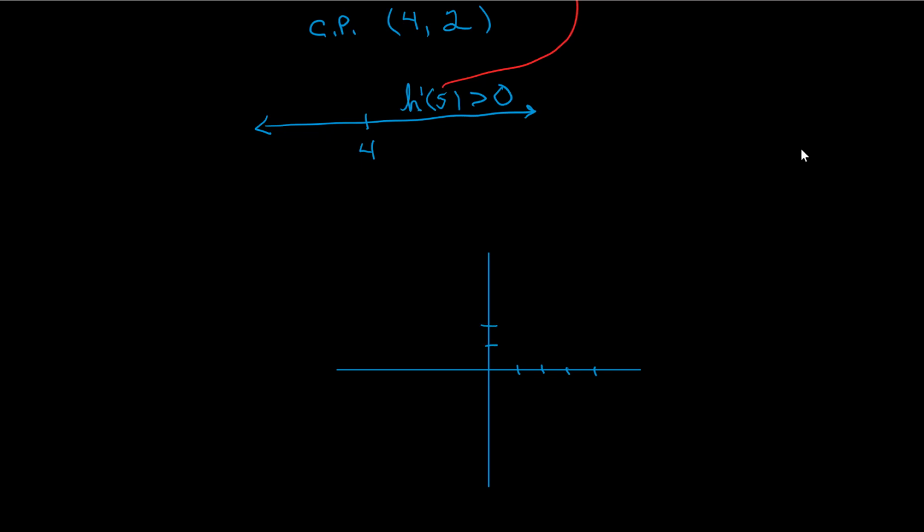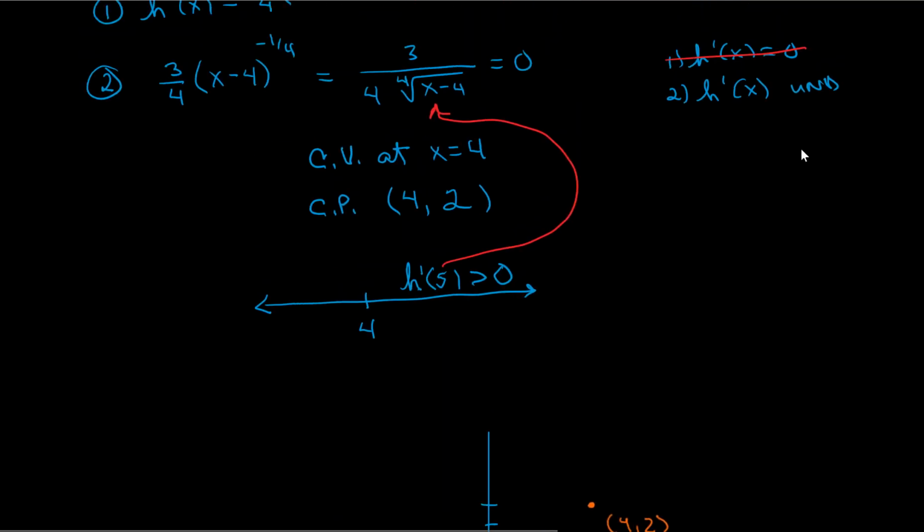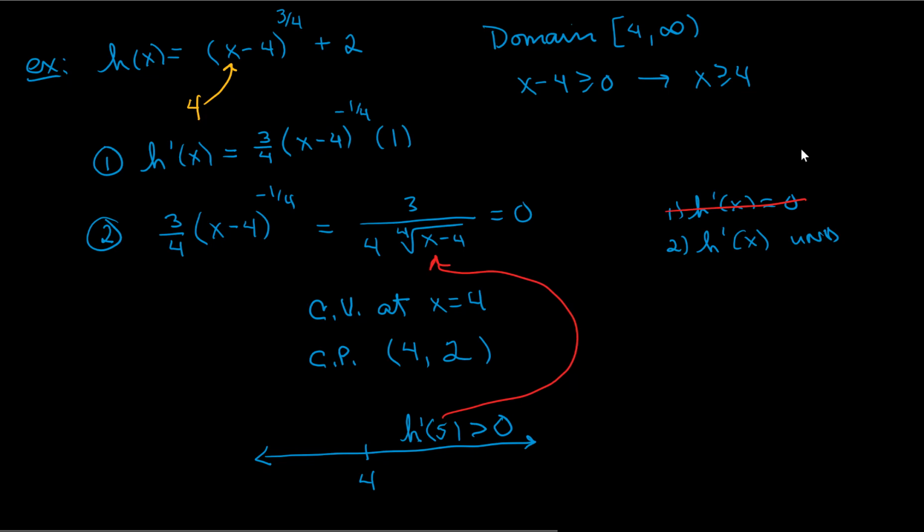And at (4, 2), I'm going to put a point, and I'm going to label that as (4, 2). Now, the question might be here, do I use a solid or a hollow dot at (4, 2)? Well, let's go back up to our domain, which is in the upper right-hand corner, and notice the domain says we're allowed to include 4. So that means a solid point there.